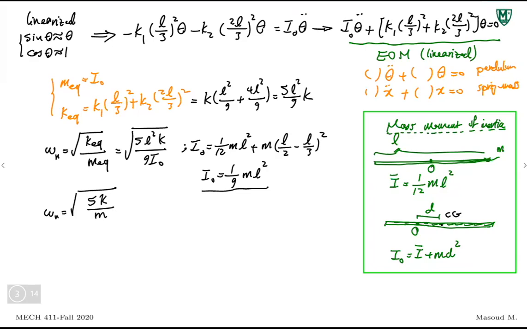This becomes the natural frequency of the system. Want to find the value? Just plug in the numbers. Square root of 5 times k, which was 100, divided by mass, which was 2 kilograms, so it becomes the square root of 250, whatever the value is. It's about 15.8 radians per second. That's the natural frequency of the system.